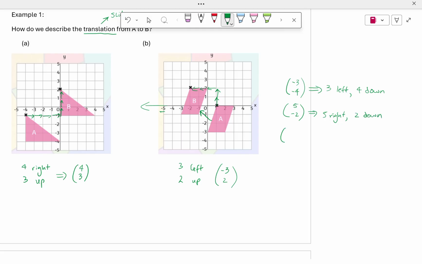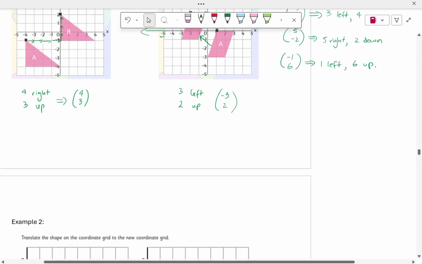Last one: if we have something like (-1, 6), this represents 1 left and 6 up. Okay, let's get going.